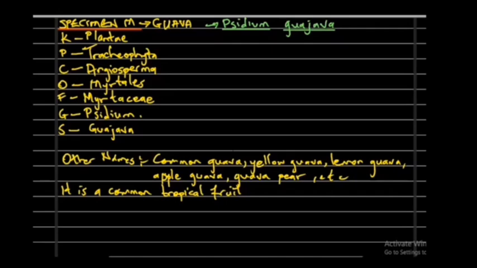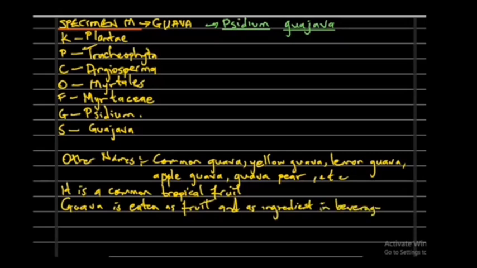Guava is eaten as fruit and as an ingredient in beverage drinks. So it is a major ingredient that is used in production of some beverages.